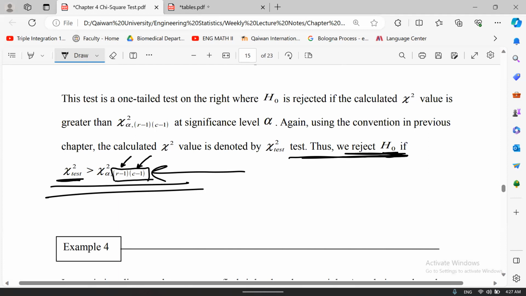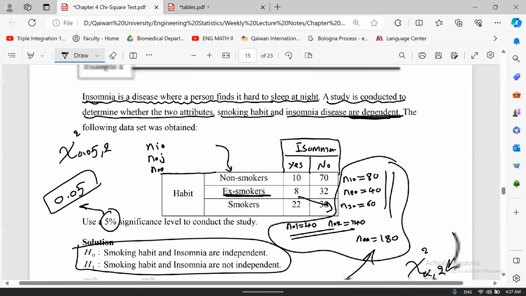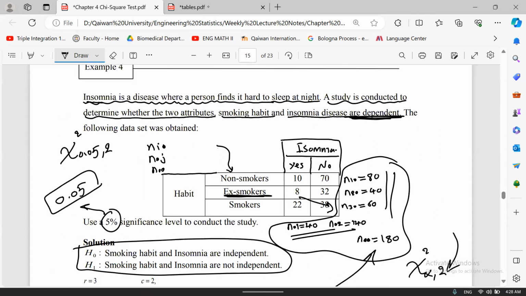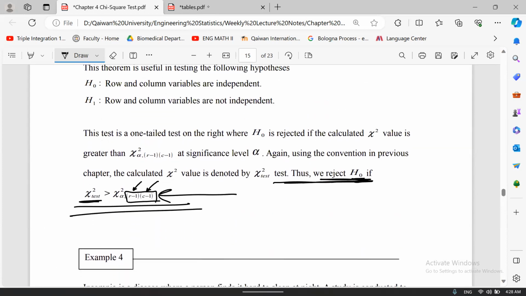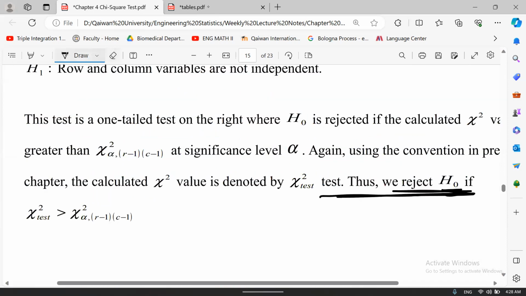In the example that we solved, we said that smoking and insomnia are dependent. This is H naught. If the chi-square test is greater, we reject that statement. We say they are not dependent.